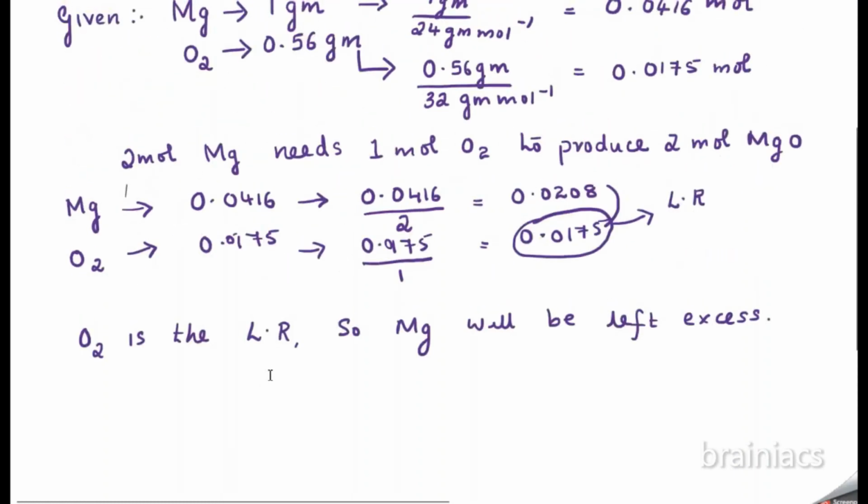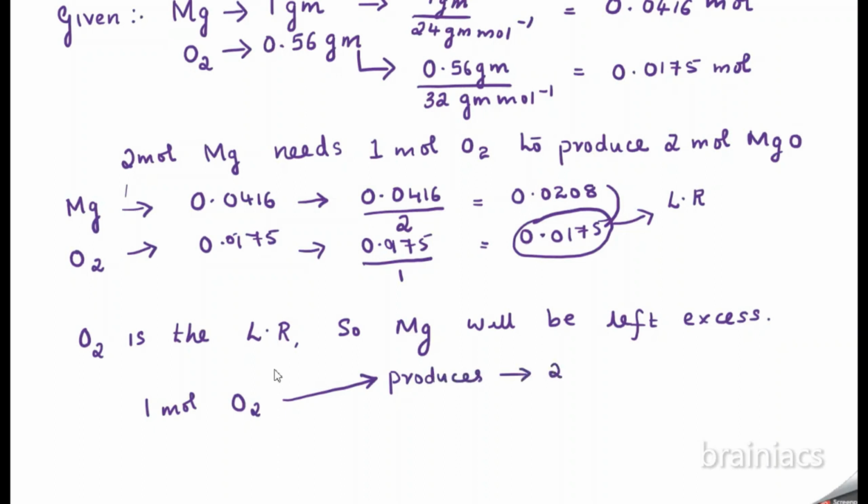We know that 1 mole oxygen produces 2 mole magnesium oxide. Correct.